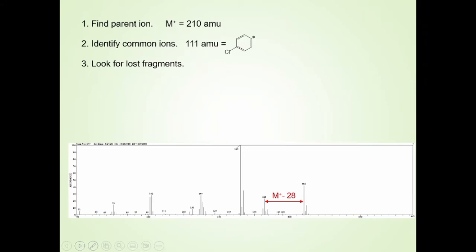One of them is the diazo group, N2. 2 nitrogen atoms have a mass of 28, but since we didn't have anything with diazo in our reaction, that's unlikely. The other one would be a CH2CH2. So when you have that, this would be evidence typically of a McLafferty rearrangement, indicating that you have commonly an ethyl ester or something related to that structure.